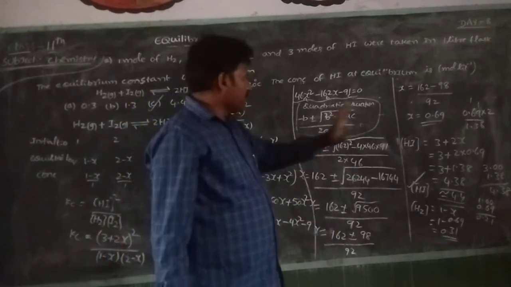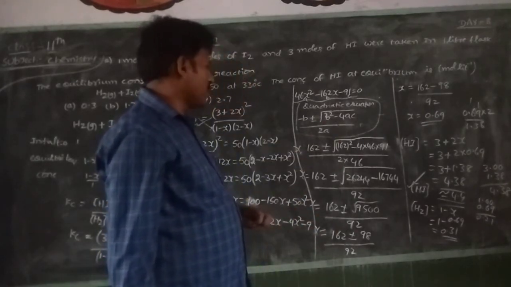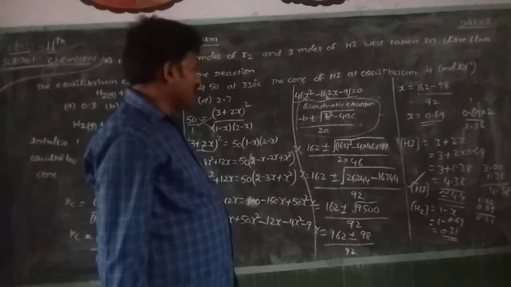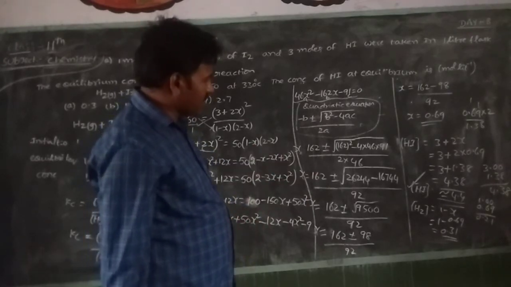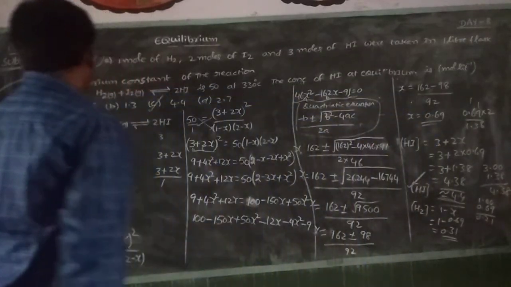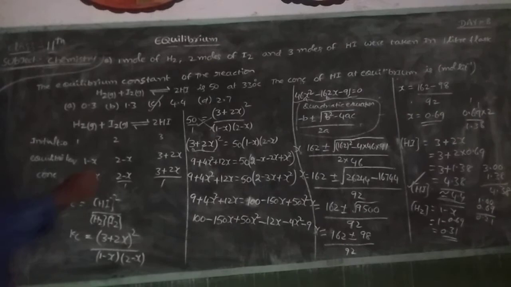The x value is 0.69. x is already 3 plus 2 into 0.69. HI at the equilibrium is 4.4. So option C will be correct.